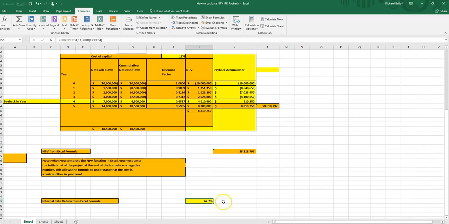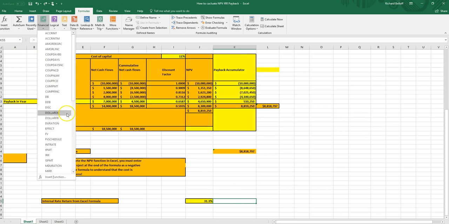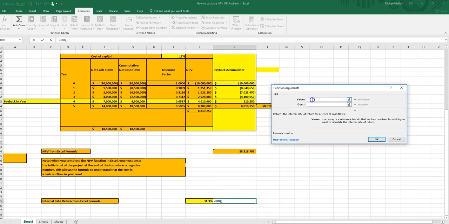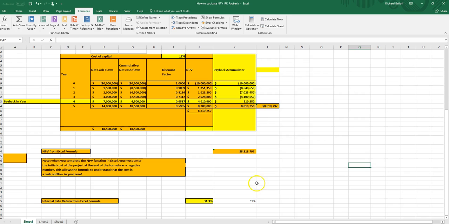I'm going to hit OK. Well, I should have done that in a separate box. Let me go back. Sorry. Let me go over here and do it. So I'm going to do that one more time. I'm going to go up here, get my internal rate of return template, and then I'm going to use these values right here, and that should give me the number, and it does.